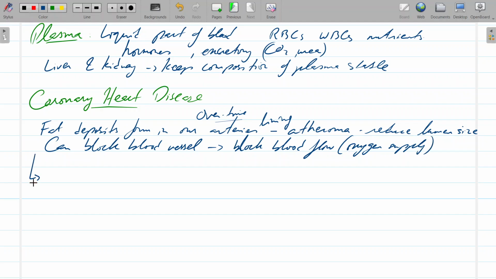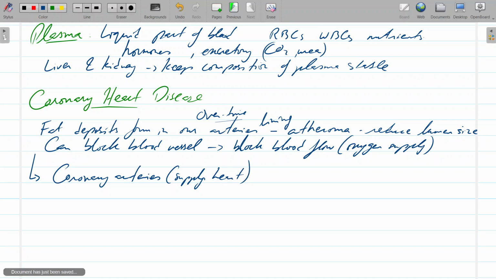Now, when this happens with the coronary arteries, which are supplying the heart, then the heart muscles may stop beating.